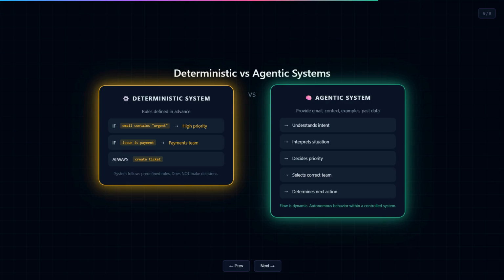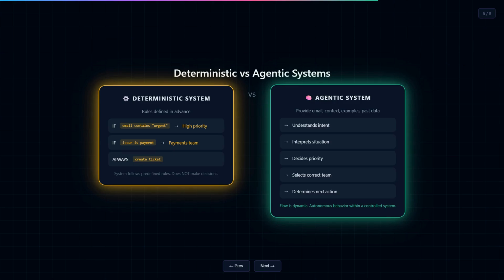If the issue is related to the network, it will select the network team. If the issue is related to payments, it will route it to the payment team, and also it determines the next action. So this flow is dynamic in nature, and this is autonomous behavior within a controlled system. The key difference: deterministic systems follow predefined rules, while agentic systems decide based on the context and reasoning provided.